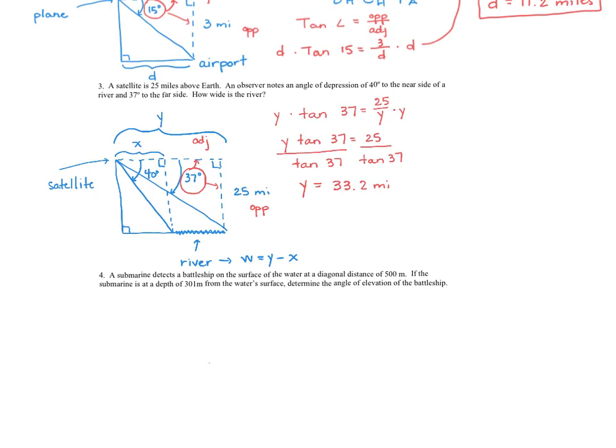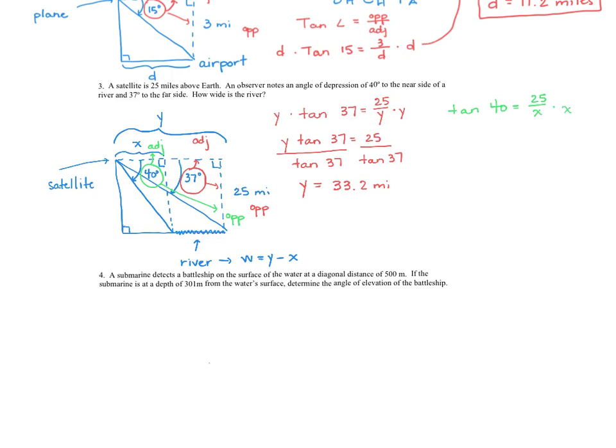I now need to do the same thing to the near side of the river. So now I'll be working with the 40 degrees. And again, I have the opposite, and I'm looking for the adjacent. So again, tangent. So tangent this time of 40 degrees is equal to 25 over x.